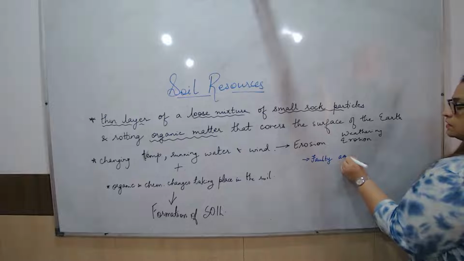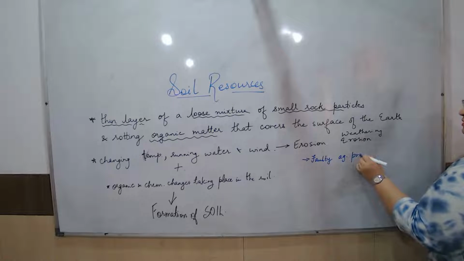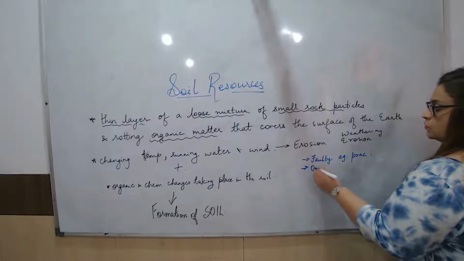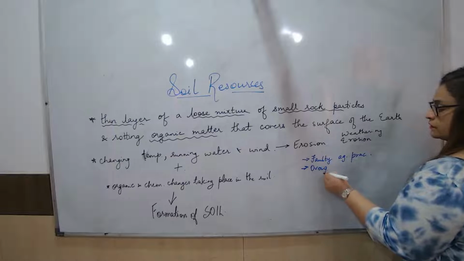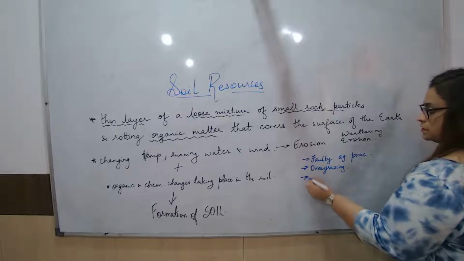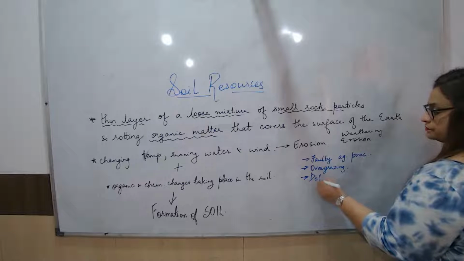Faulty agricultural practices. Second was overgrazing. And third was deforestation.